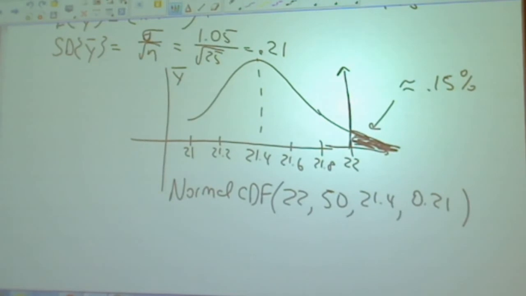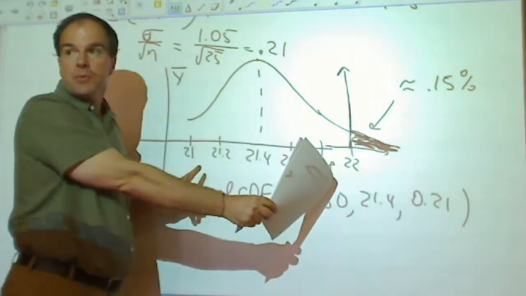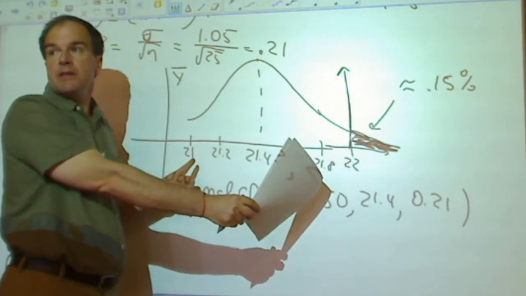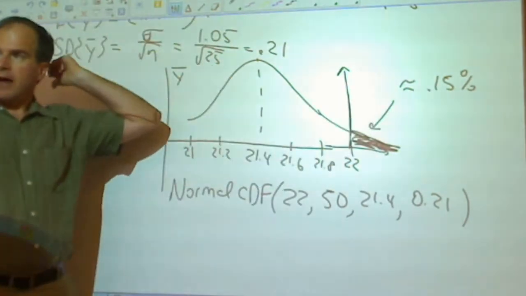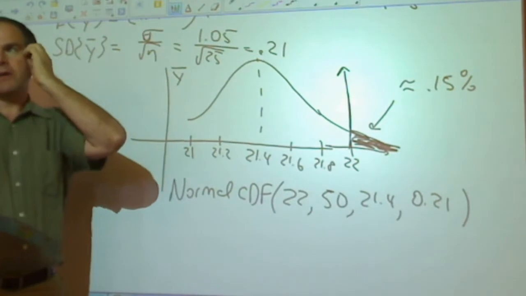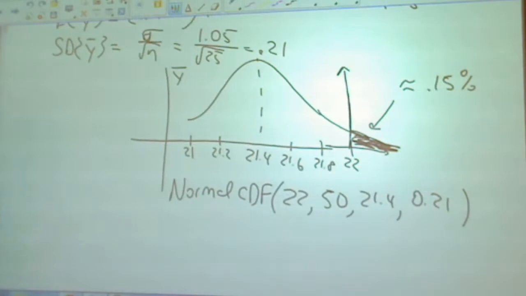Okay, questions? Between the three sigma boundaries, 99.7, that means 0.3% is both above and below. I cut it in half, 0.3 in half. That's how I got 0.15. Is that close? My calculator doesn't do it. Okay, it's close.